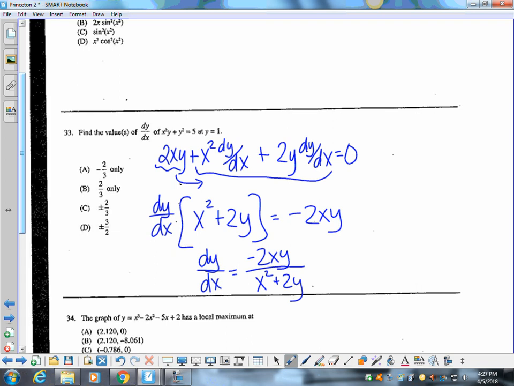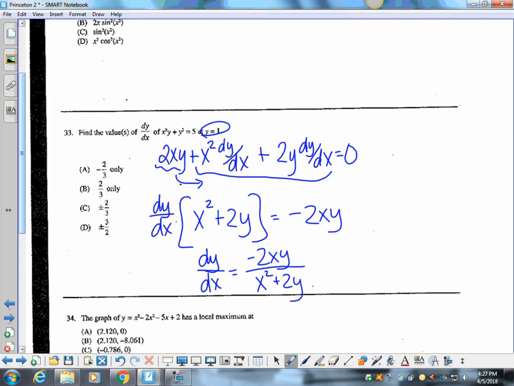All right, now I know that y equals 1, but I don't know what x equals, so I can't plug in an x. And if I just have a y and I plug it in, I'm still going to have x's in here.